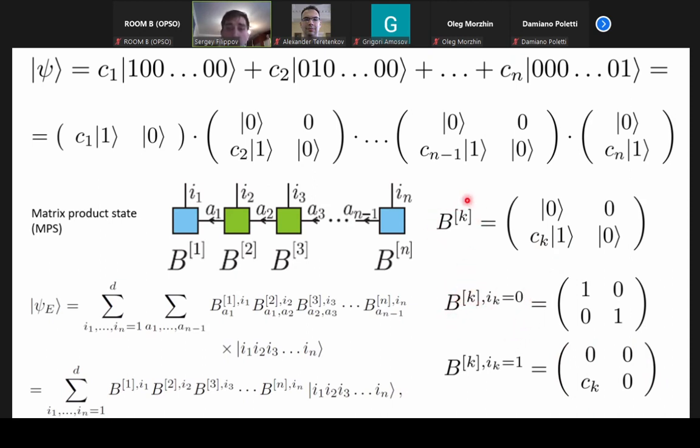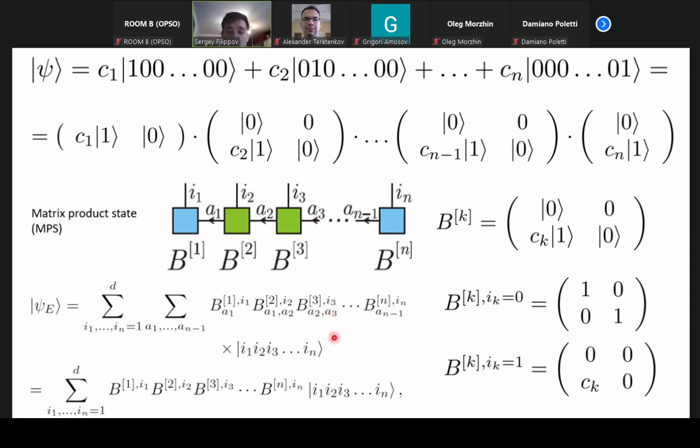So B's are actually rank 3 tensors that have 2 virtual indices and 1 physical index i, and fixing that index i actually fixes the ket vector in the decomposition of the state. So any matrix product state can be written by the formula written here at the bottom, and the product of those matrices gives a coefficient that provides a decomposition of the state psi.